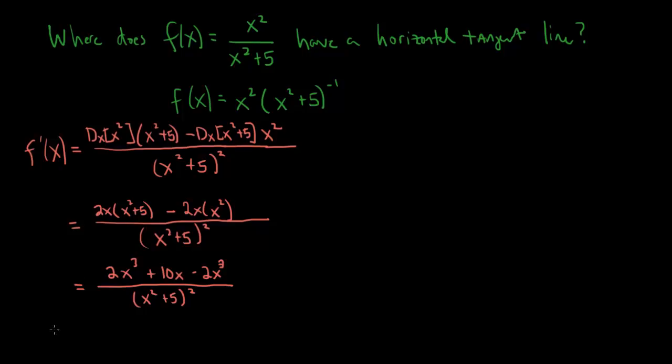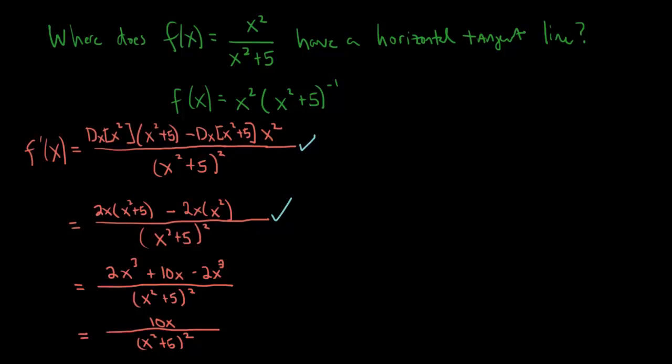Well, that worked out nicely, because now we are just left with 2x cubed minus 2x cubed. It's left with 10x over x squared plus 5 squared. That wasn't so bad. Again, do note here, the only steps that were calculus were this step and that step. The two additional steps there are just purely algebra and arithmetic.